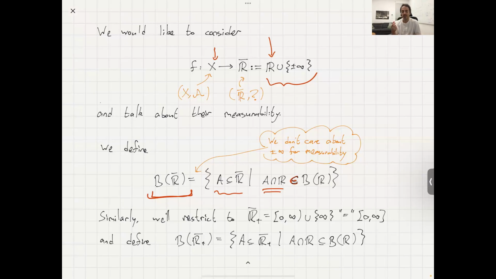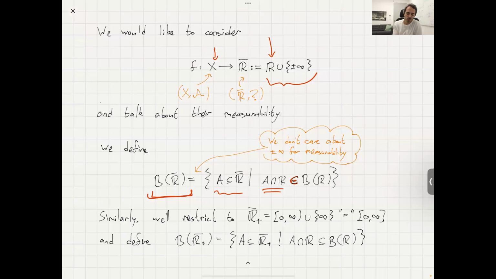So what we do is turn a blind eye, for measurability's sake, to the plus and minus infinity. We ignore those and just ask, without those, is this set measurable with respect to the Borel sigma algebra? And if so, the set we get is measurable. Okay.